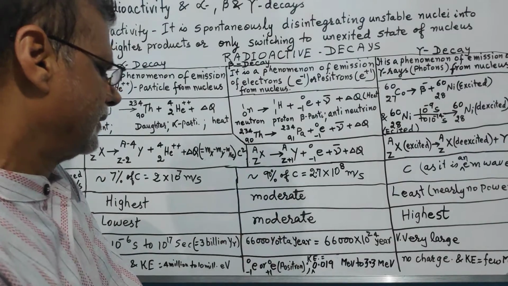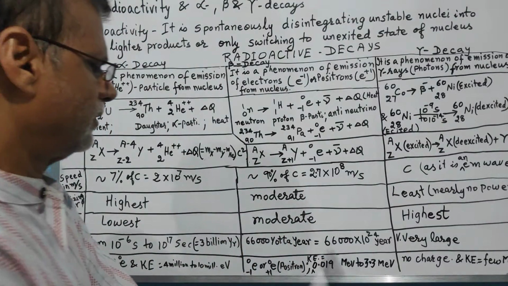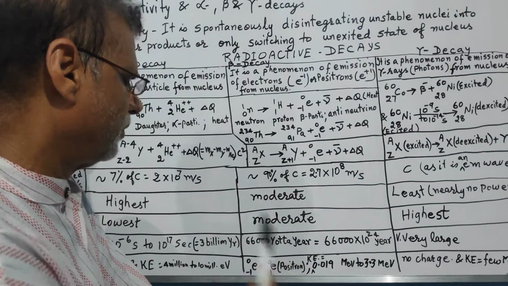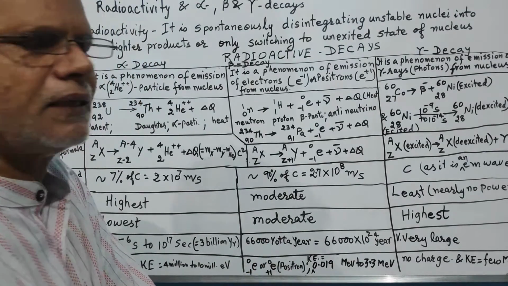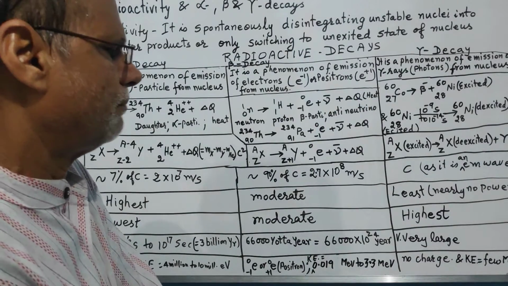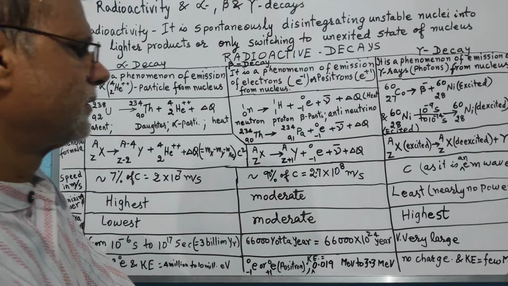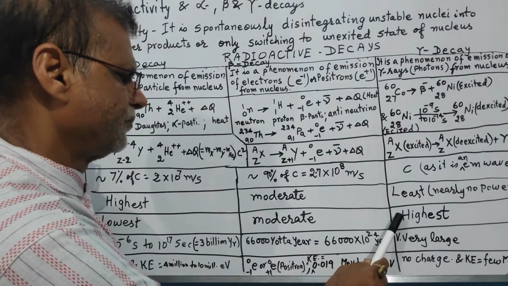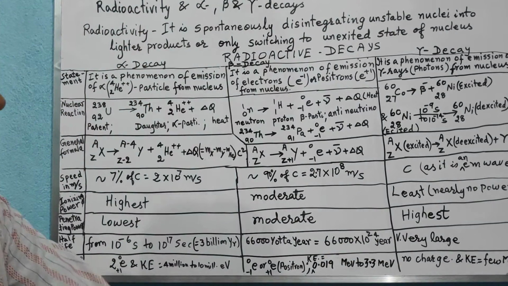The beta rays, the electrons, have moderate ionizing power because they have only 1 unit of electronic charge and their mass is small, therefore their kinetic energy is small, so they have moderate ionizing power and moderate penetrating power. In case of gamma rays, the ionizing power is very least, nearly none, and they have the highest penetrating power.